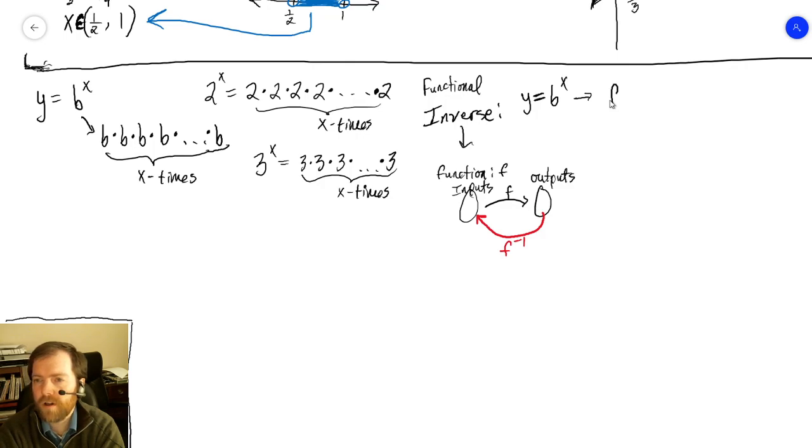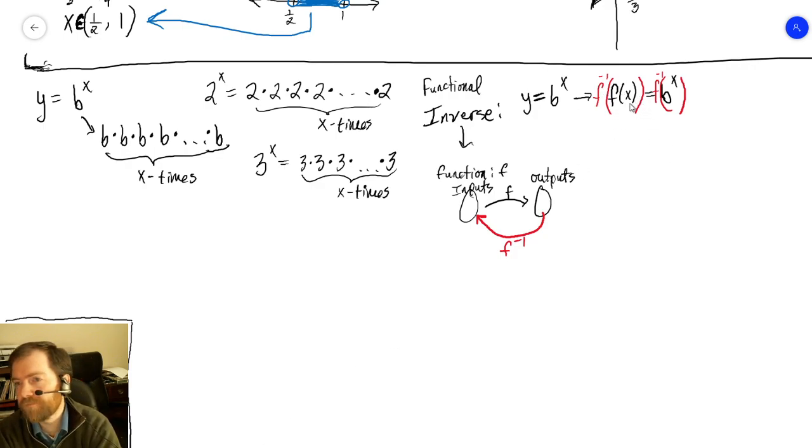Let's do it this way. f of x is equal to b to the x. Let's take the functional inverse of both sides. When you take the functional inverse of a function itself, it becomes x.